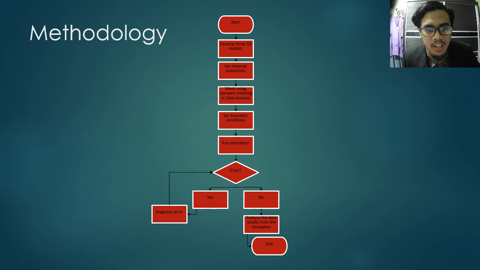And then we set the material to be steel in the CATIA library, which is also known as industrial steel, ASTM A36. And then we mesh the models using the standard meshing properties, and we set the length between the nodes to 5 millimeter.